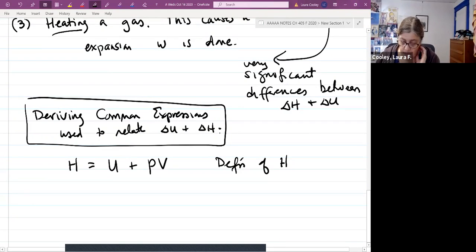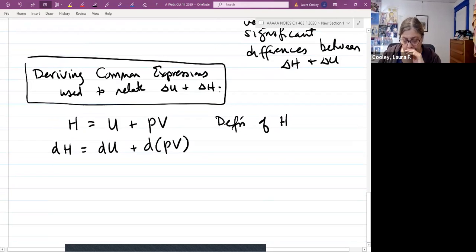And then we often do this. We take the differential of both sides, so we consider changes. And remember, when we do these things with differentials, we need to use the rules of derivatives.